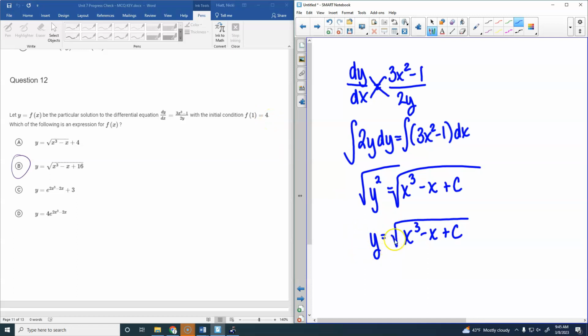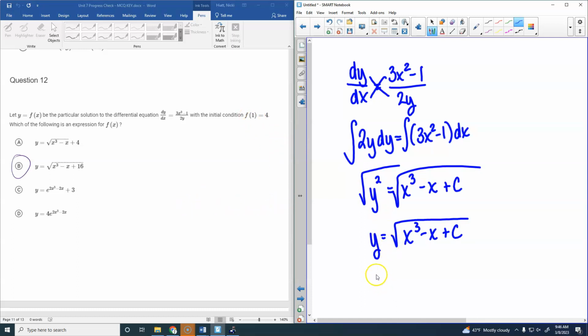So which one should I choose for this particular solution? The positive, right? Because the only way we can get a positive 4 is if this is positive. If f of 1 was equal to negative 4, I would choose the negative. So you want to think about what your initial condition is to choose the positive or negative.